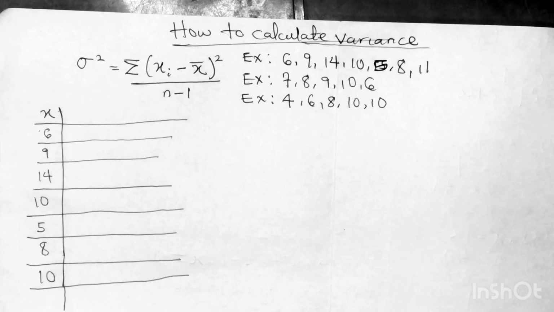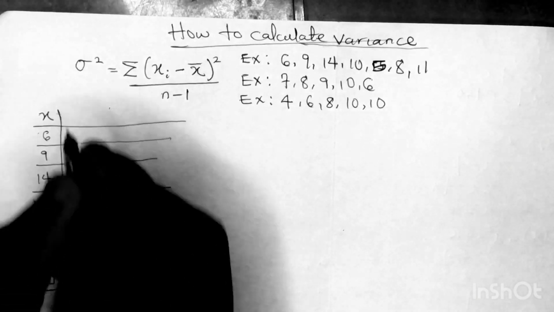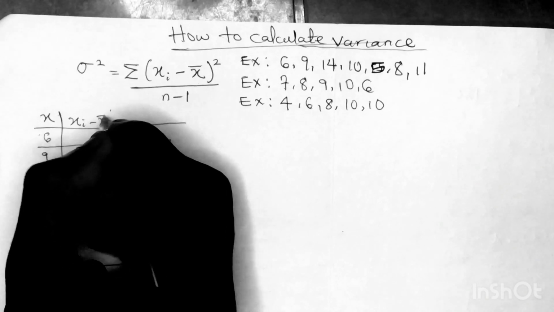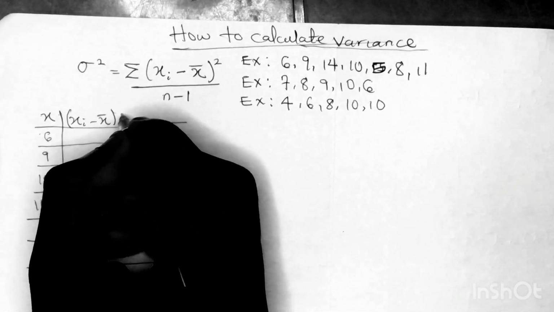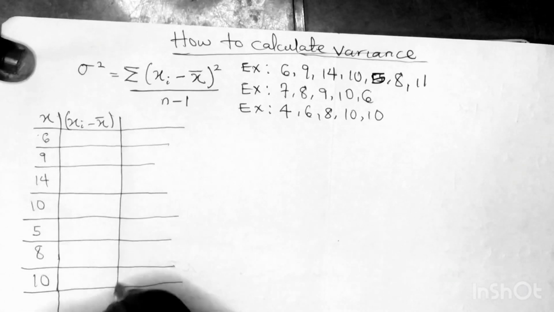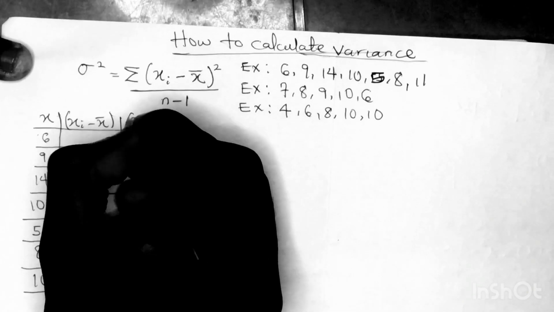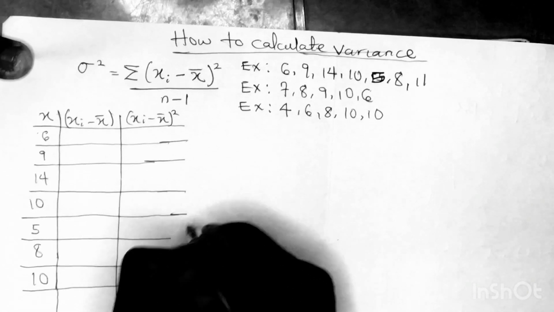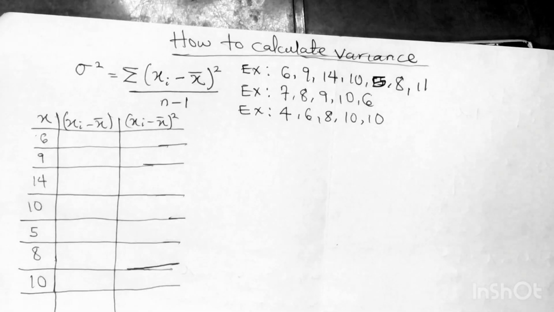So after that, the next thing you need to do, you are going to need xi minus x bar, and then you are going to square it. So you need xi minus x bar squared. So how are you going to get your x bar? You are not given your x bar.